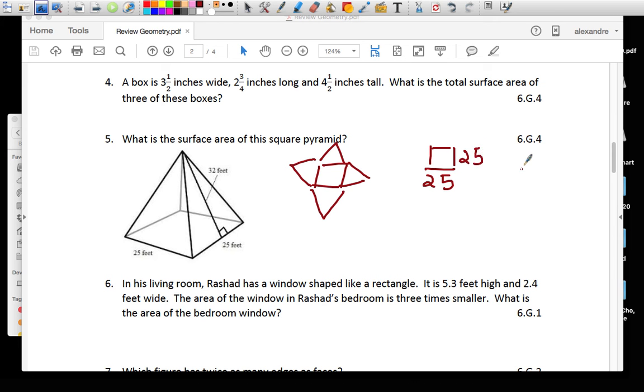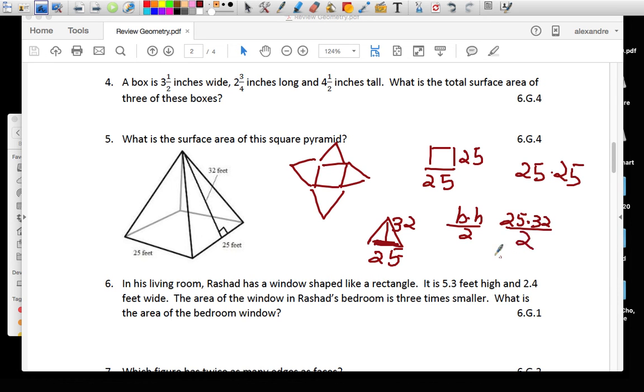So how do I find the area of a square? It's 25 times 25. Then I have 4 equal triangles, like that. The base of this triangle is 25, and the height is 32. The area of a triangle, remember, is base times height divided by 2. So that would give me 25 times 32 divided by 2.